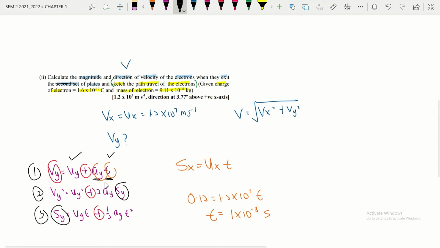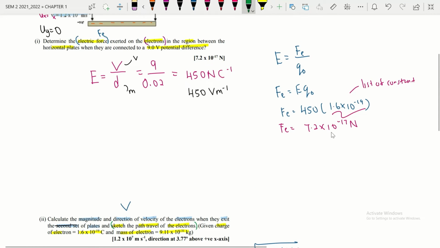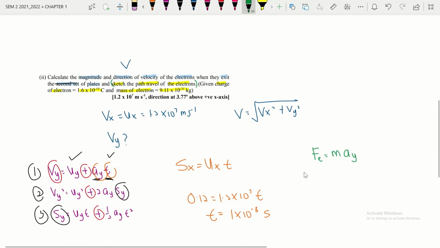Tetapi sekarang Miss nak cari acceleration in Y component. In order untuk cari acceleration in Y component, Miss pakai je lah formula ni. Electrostatic force equals to mass darab dengan acceleration in Y component. Electrostatic force ini Miss dah dapat dekat soalan atas ni, which is 7.2 times 10 to power of negative 17. And then equals to mass of electron.